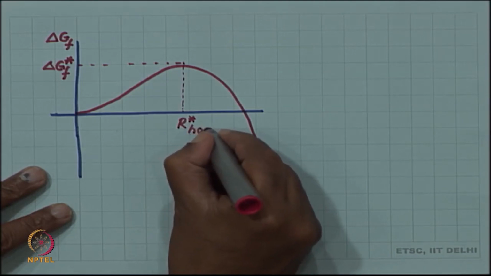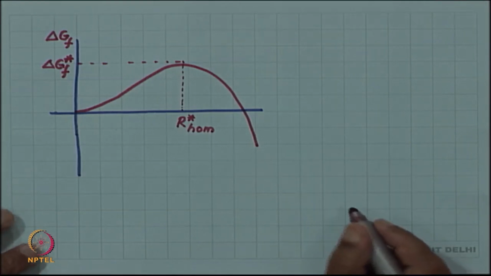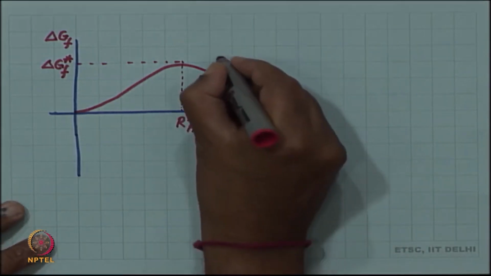Let me call this r star homogeneous. So, this is for homogeneous nucleation.